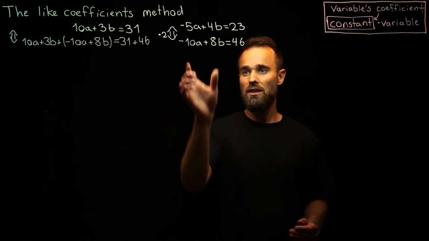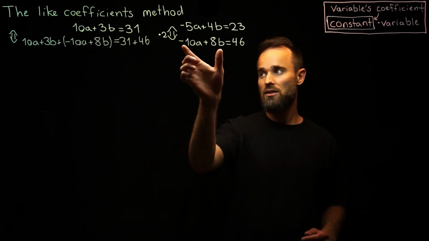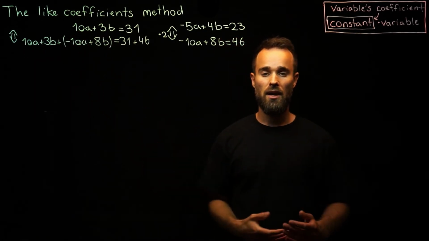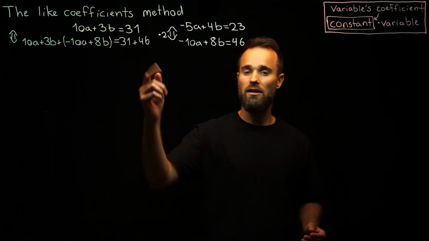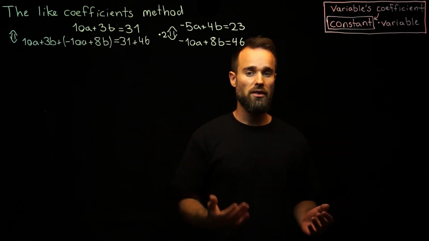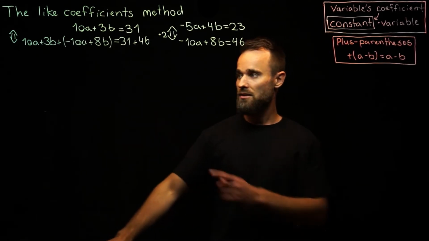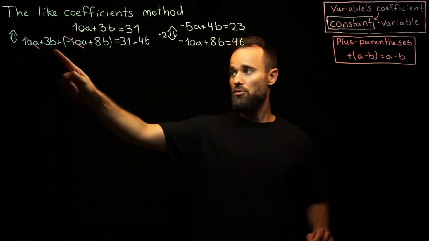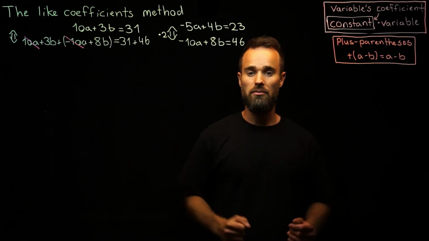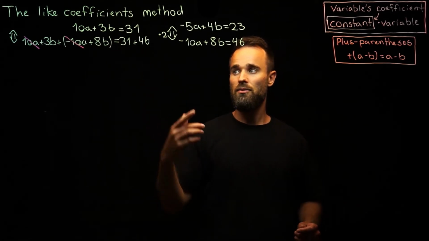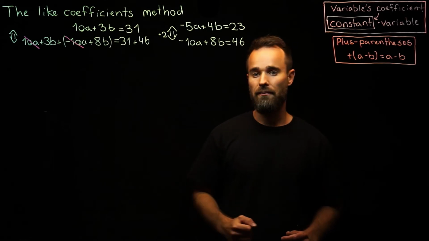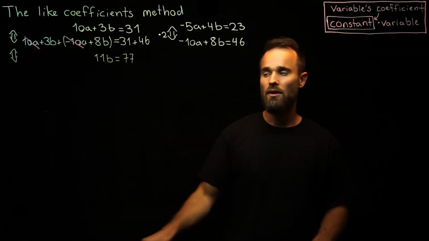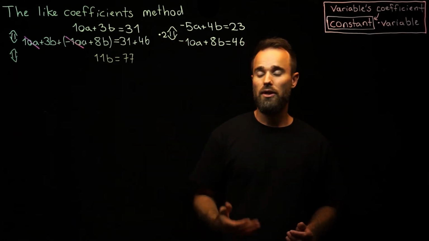As you can see, the left-hand side of the second equation is added to the left-hand side of the first equation, and the same has happened on the right-hand side. The plus parentheses can be omitted. 10a and negative 10a cancel out, and 3b plus 8b equals 11b. The sum on the right-hand side is 77. b is therefore equal to 7.